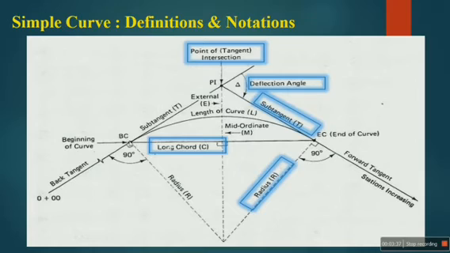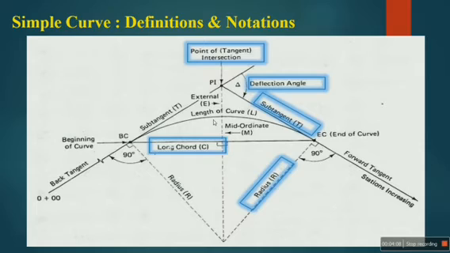The distance along this length, between the point of curve and the point of intersection, is called the tangent length. Similarly, the distance from the point of intersection to the point of tangency is also called the tangent length.